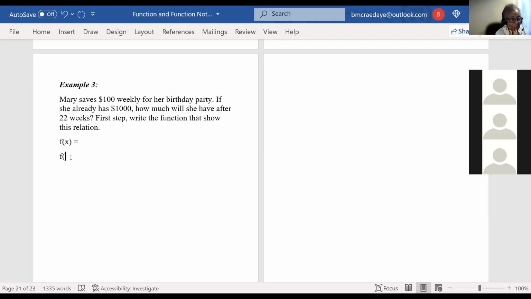What would be your x here? By elimination, it's going to be 22. So this would be 22. And what's that equal to?